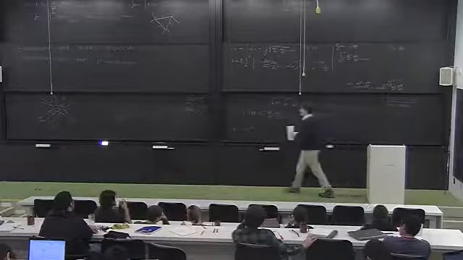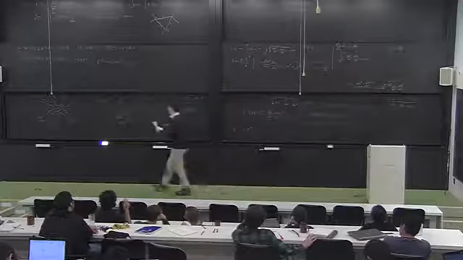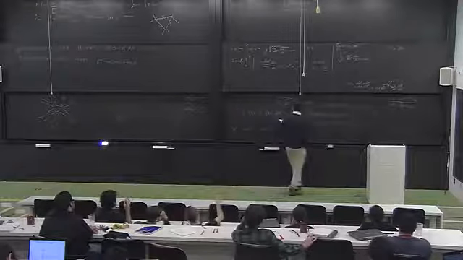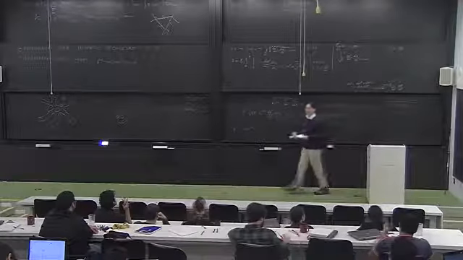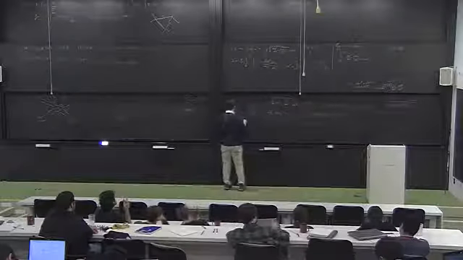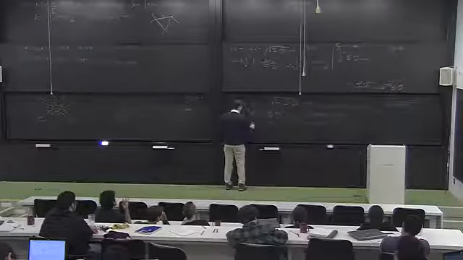Now, luckily, okay, let me leave it at that. So once I make the metric flat, I can get rid of h from this, and my action will just become something very simple.